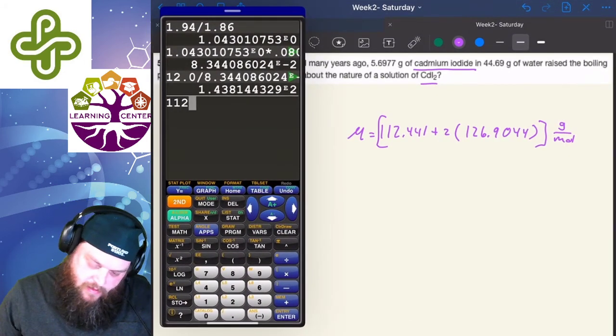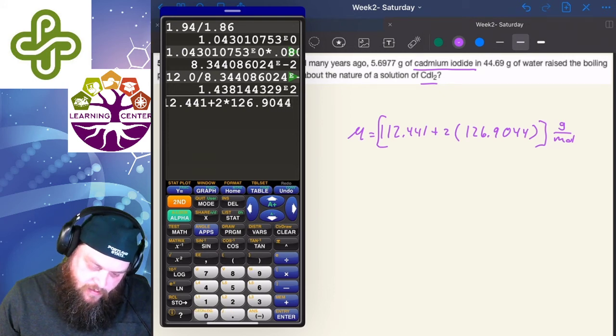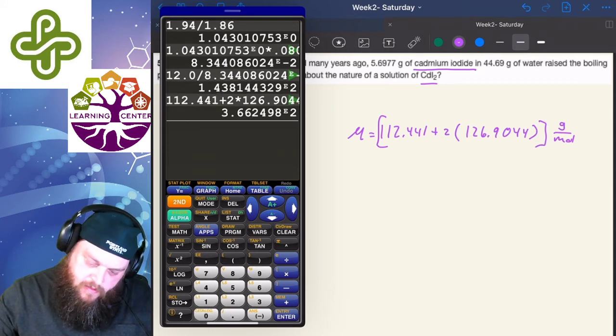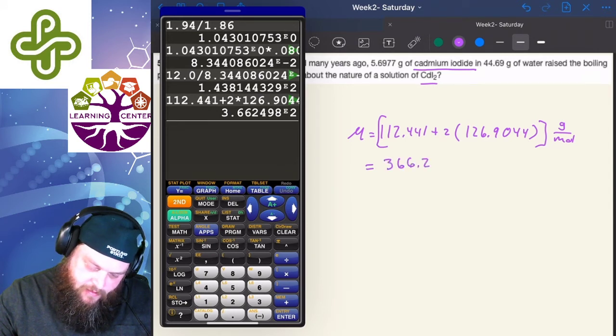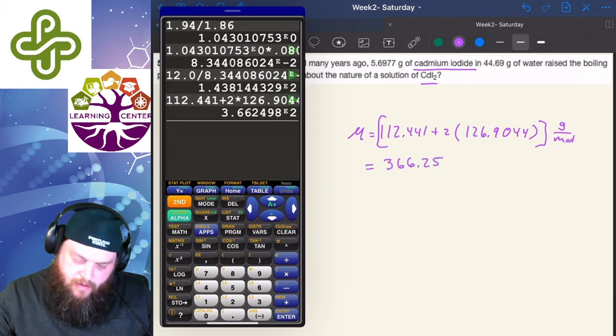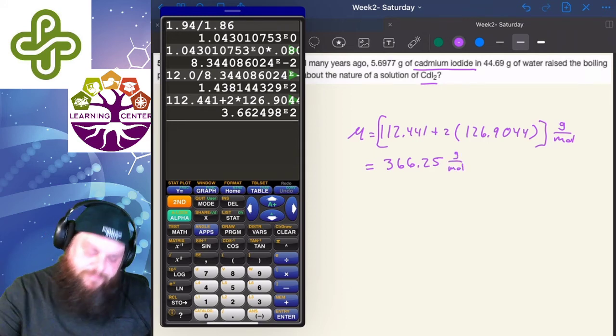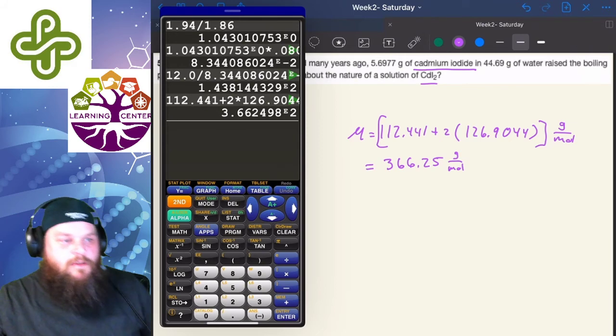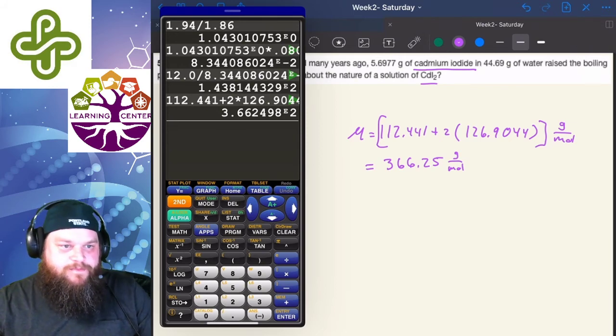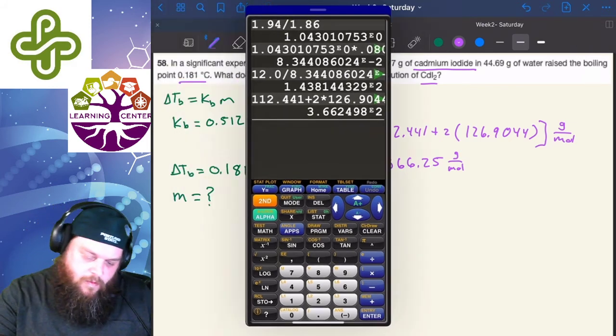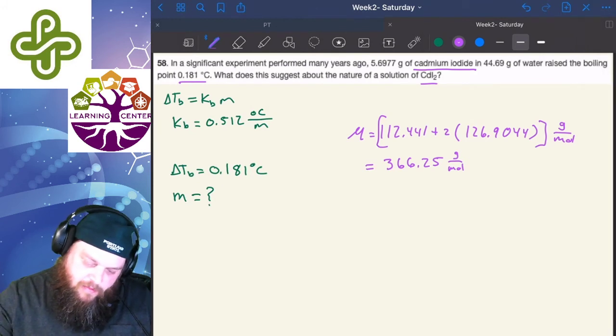That's 112.441 plus 2 times 126.9044, which is equal to 366.25 grams per mole. So we can use that molecular weight now to determine how many moles we had.